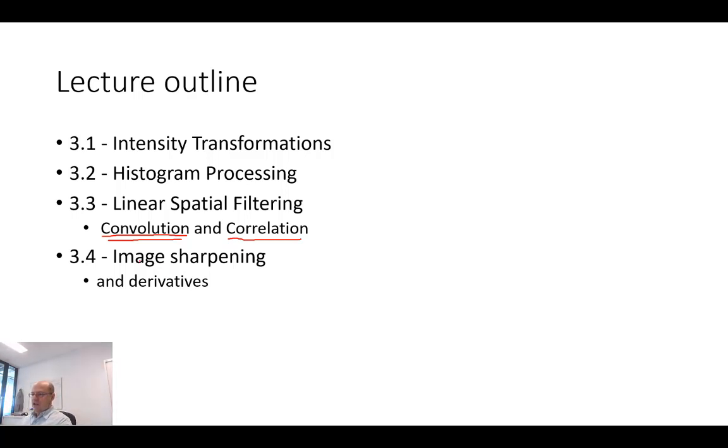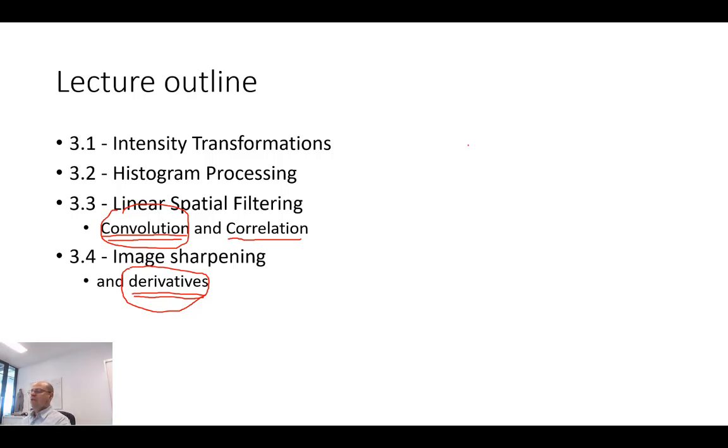And finally, the other essential method that we're going to be studying in this chapter is image sharpening using the concepts of derivatives, image derivatives. Convolution and derivatives are the two most important concepts in this whole topic.